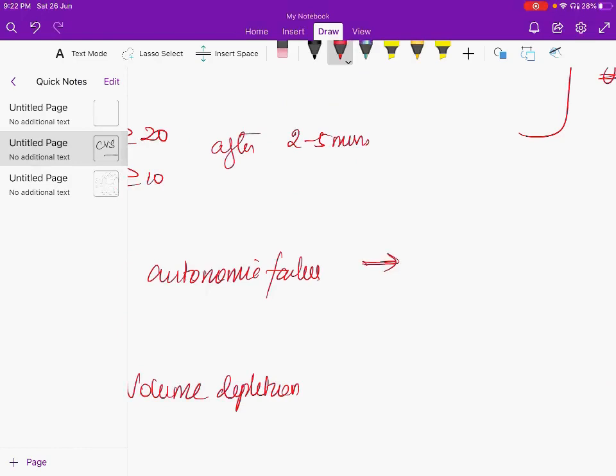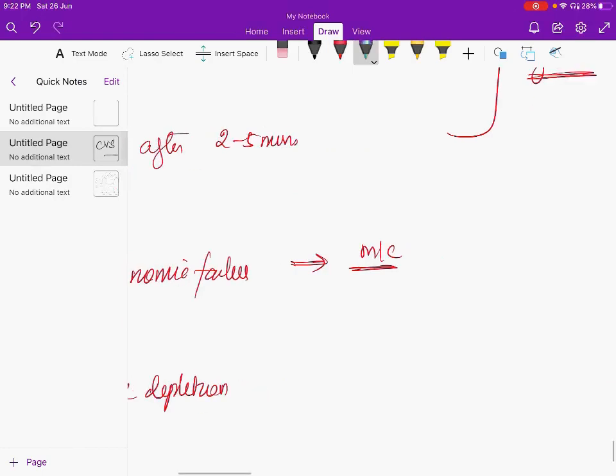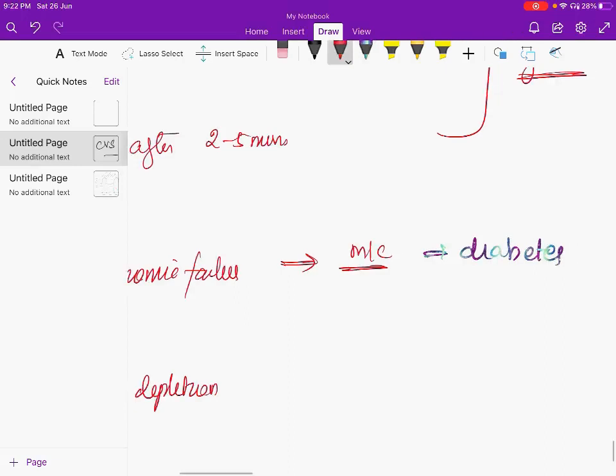So what is the most common cause of autonomic failure? Any idea? This is diabetes. Most common cause of autonomic failure is diabetes.